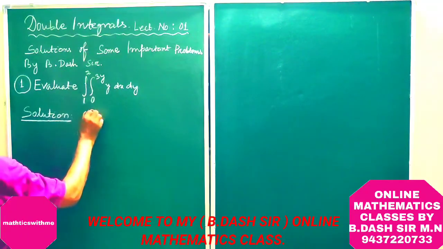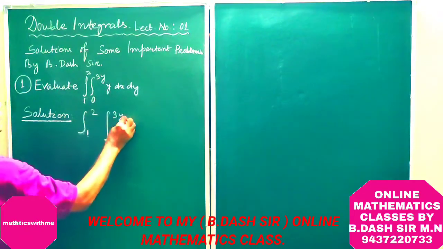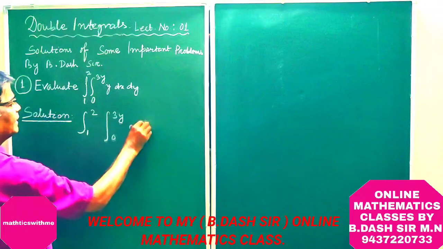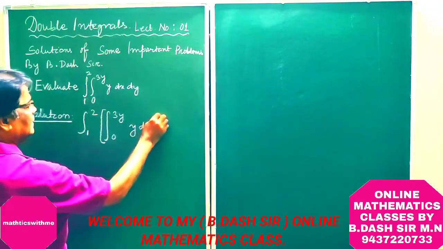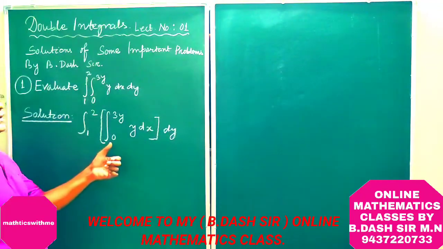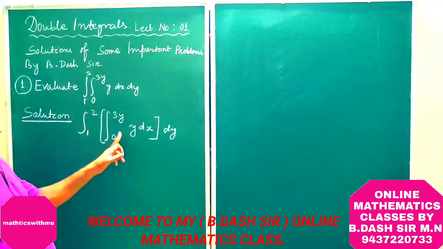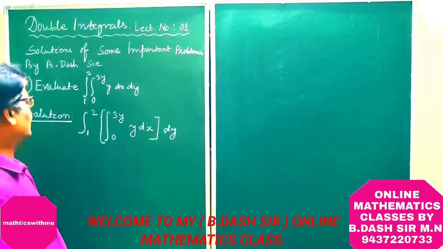Integration 1 to 2, 0 to 3y, y dx dy. So here we have to integrate first this square bracketed expression.